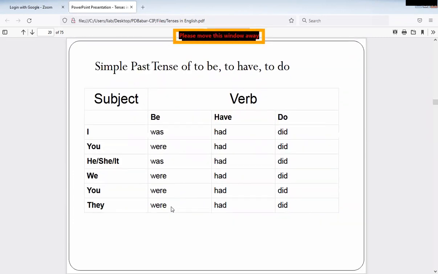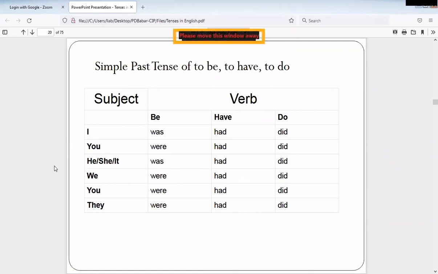Then we have also seen the simple past tense of the verbs to be, to have, and to do, which we can use after the pronouns or subjects like I, we, you, he, she, it, and they.